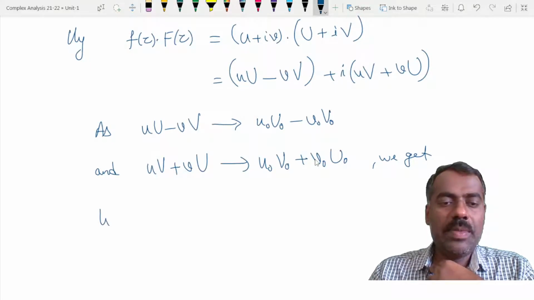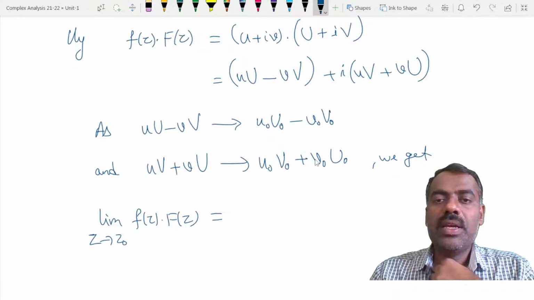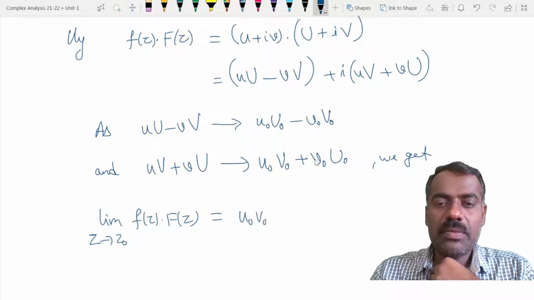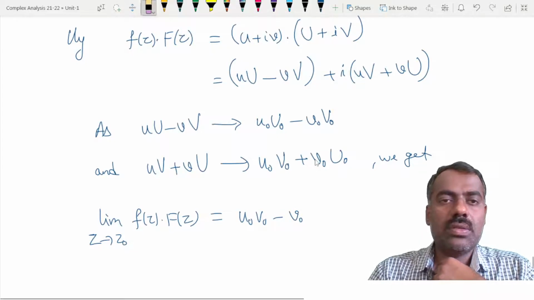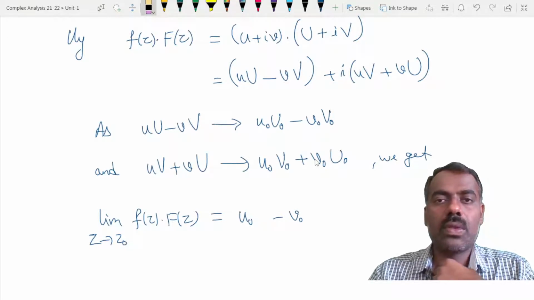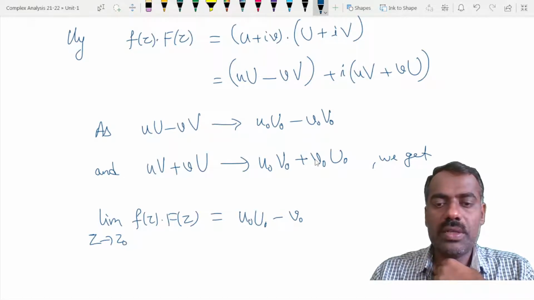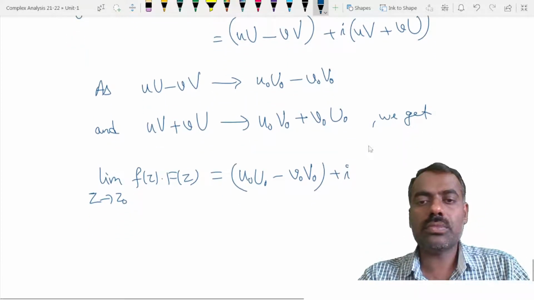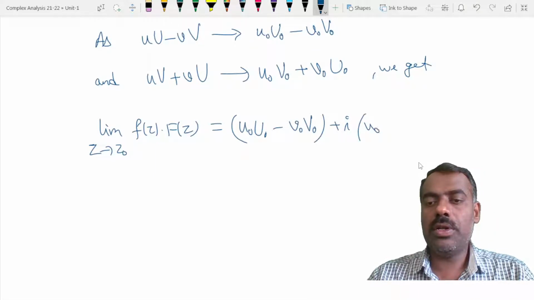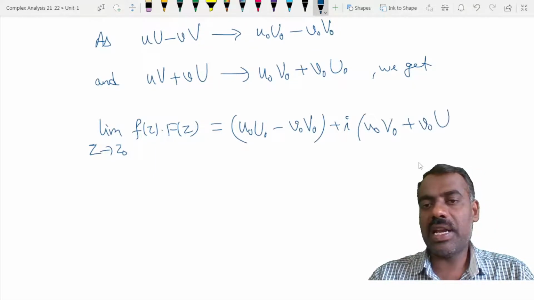So therefore, the limit of f of z times capital F of z as z tending to z naught is the same as the limit of this one, which is u naught capital U naught minus v naught capital V naught, plus i times u naught capital V naught plus v naught capital U naught.